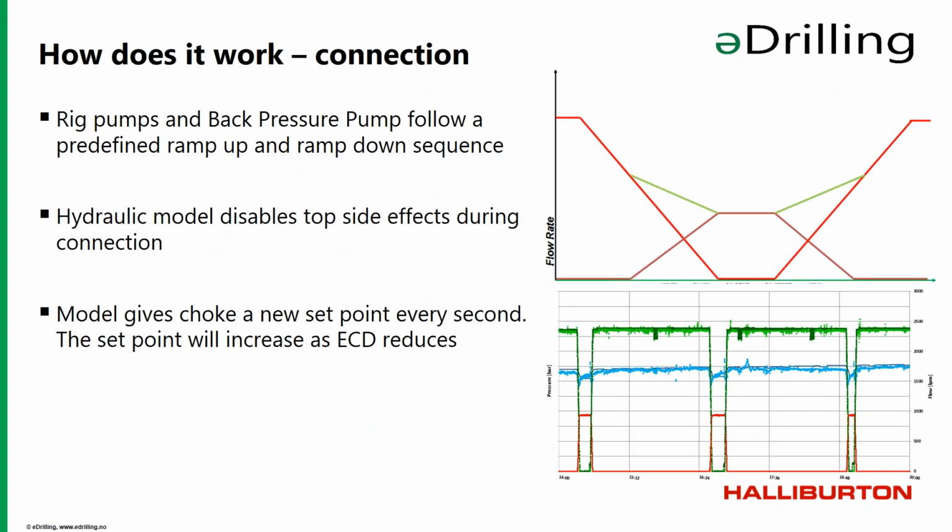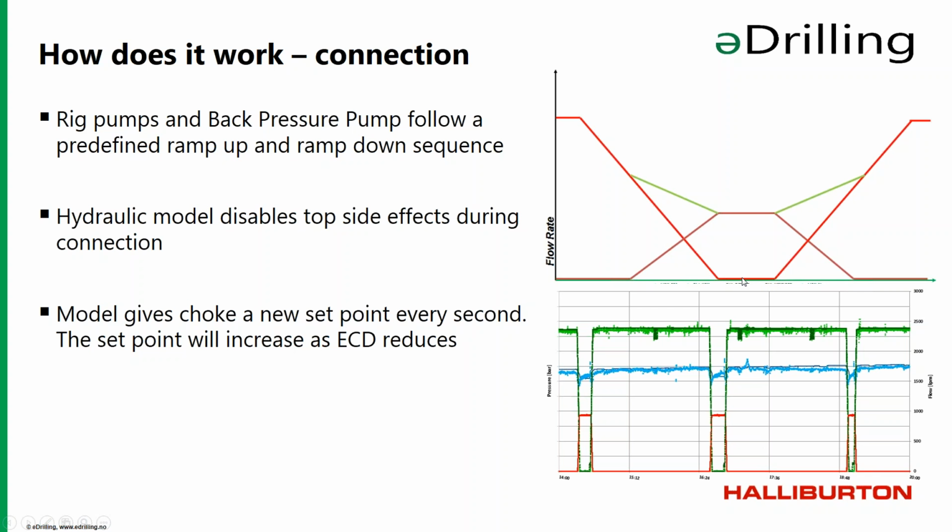So a little bit again about how the system works. When you come to a connection, the rig pumps and the back pressure pumps have been programmed so that they follow a predefined ramp up and ramp down sequence. So the rig pumps start ramping down, the back pressure ramps up, and this is then the flow that you'll be seeing through the choke.